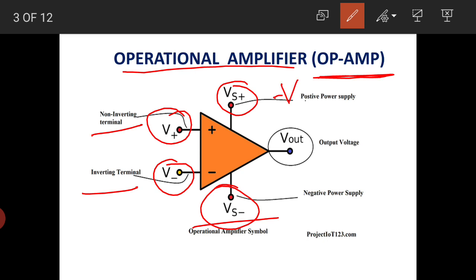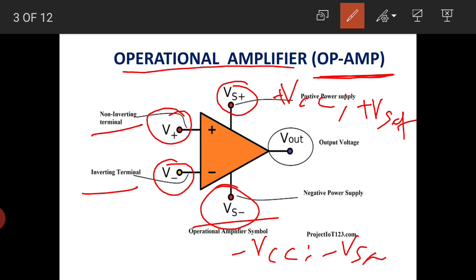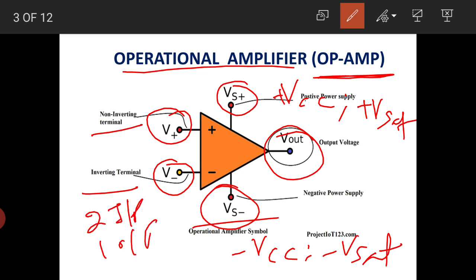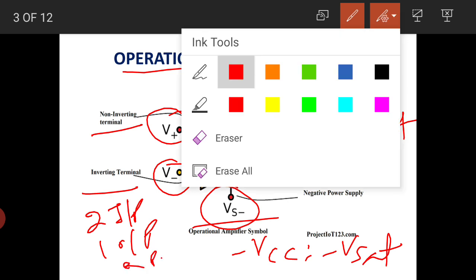This could be plus VCC and minus VCC, or plus V saturation and minus V saturation, and it has one output. So we conclude that the operational amplifier has two input terminals, one output terminal and two power supplies.